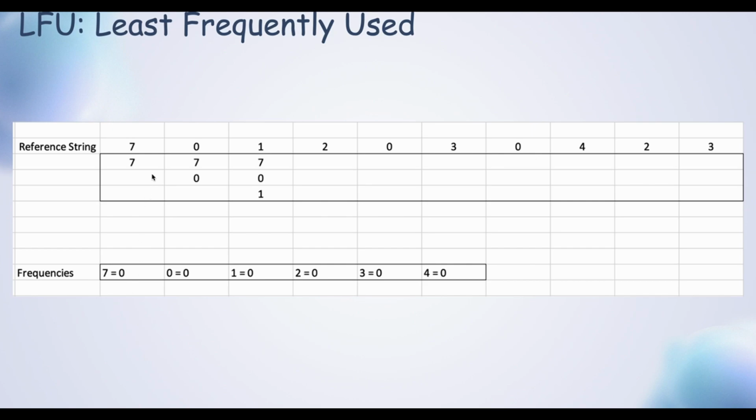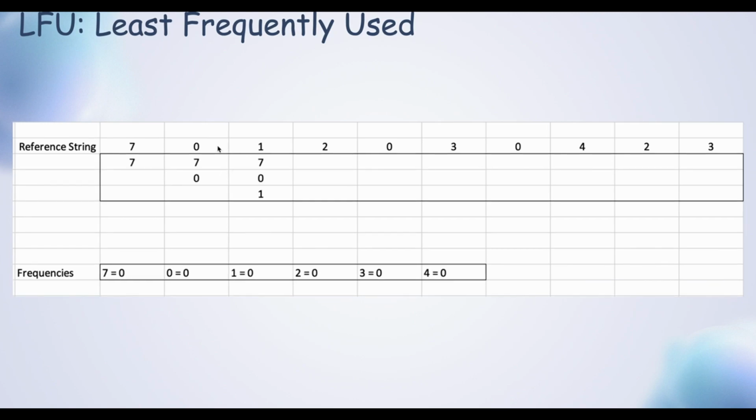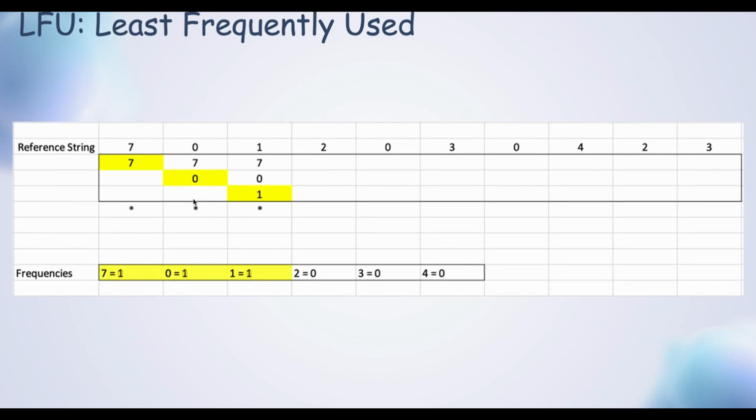So in the first place, the cache is empty, so we just fill it up with these three numbers, and I'm going to highlight the number whenever it's added to the cache, and I will leave a star right below whenever a page fault occurs, like this.